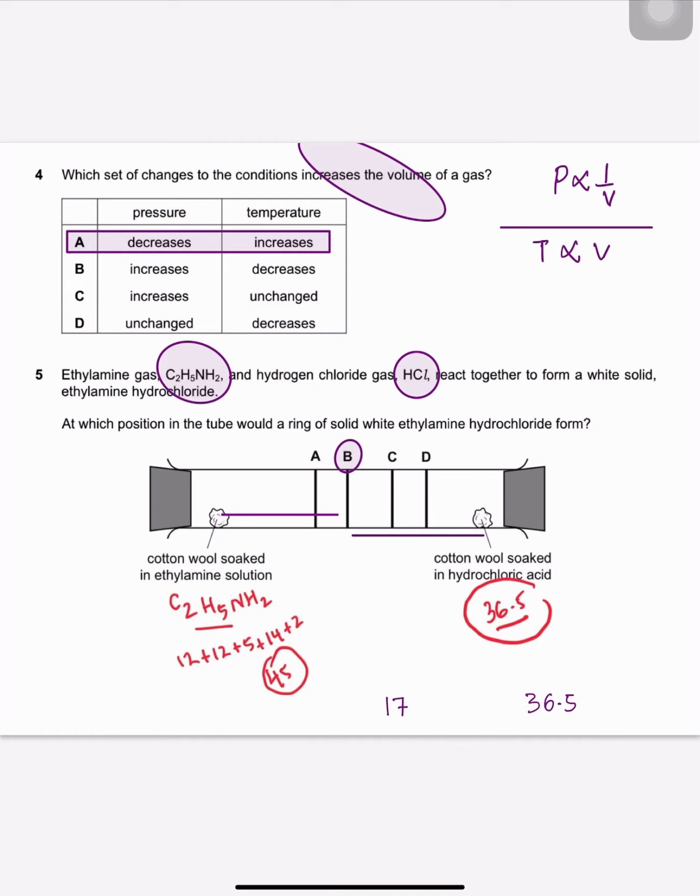Here, both of the gases have comparatively closer masses, not a very big difference. So we can say that they are forming at point B, more or less in the center of the two.